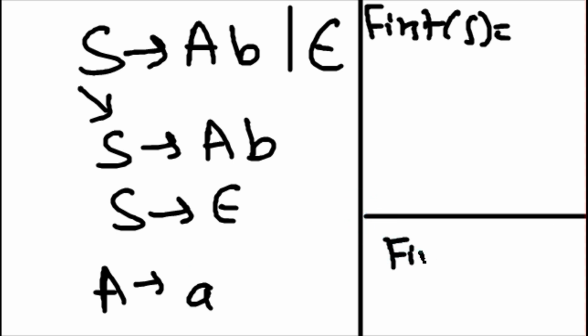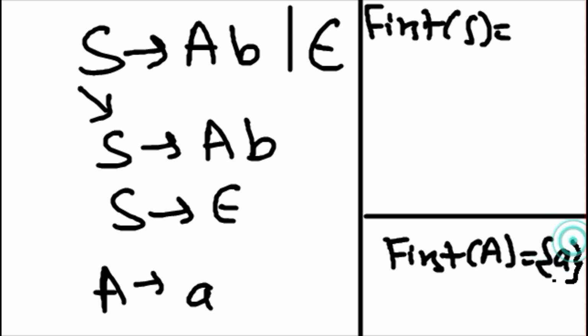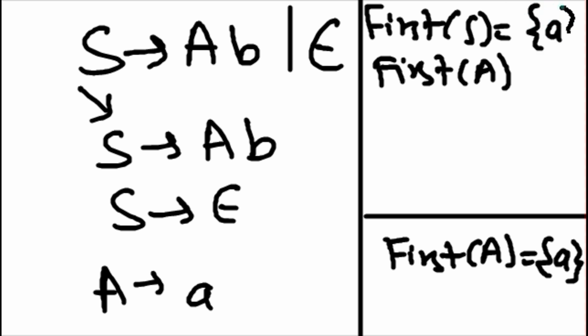So first we will write first of A in curly brackets as small a. Now first of S in this case is first of A, therefore first of S is equal to small a.